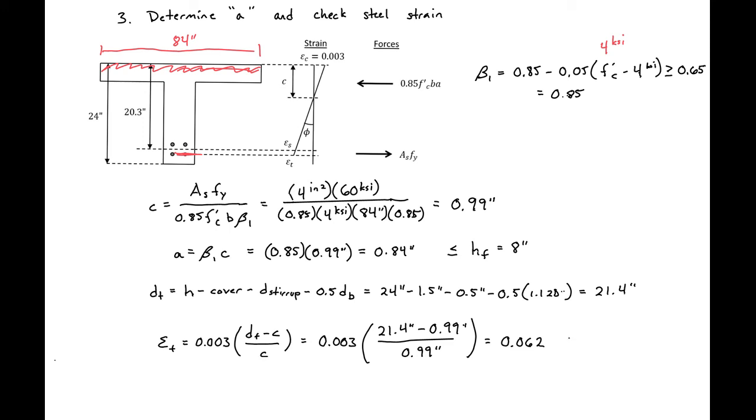And we can see that we're greater than our tension controlled limit of 0.005. So we know we're tension controlled, and we're okay with our initial assumptions with phi.